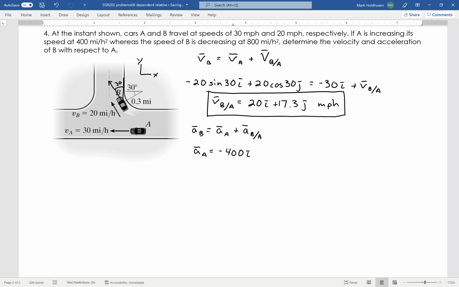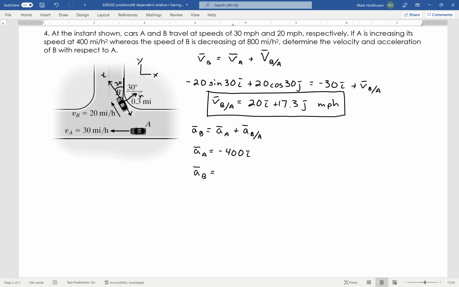Now we'll go on to the acceleration of B, which is going to have two components, a normal and a tangential component, because this is the tangential direction, but it's also going to have a normal acceleration going in that direction. Let's start with the tangential acceleration. He's hitting his brakes, so he's actually slowing down, and it's going to be flipped from the direction my velocity was.